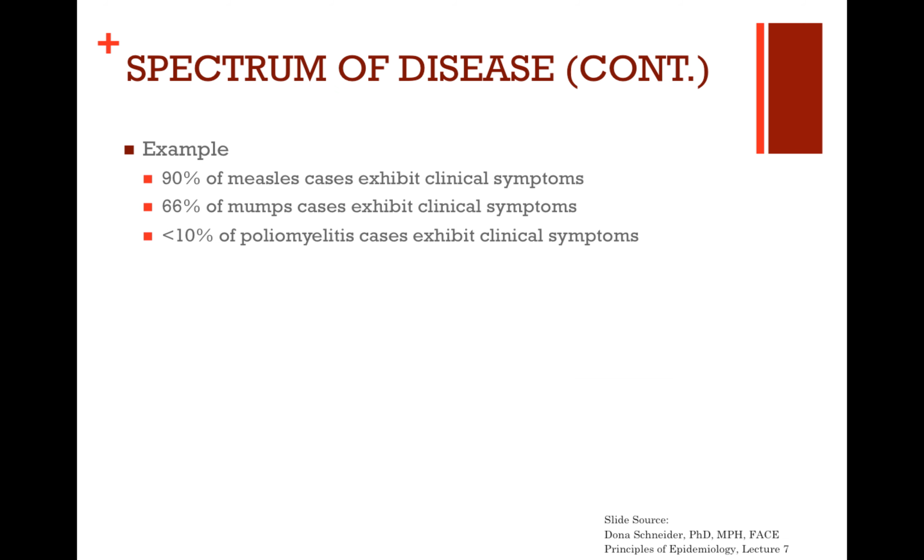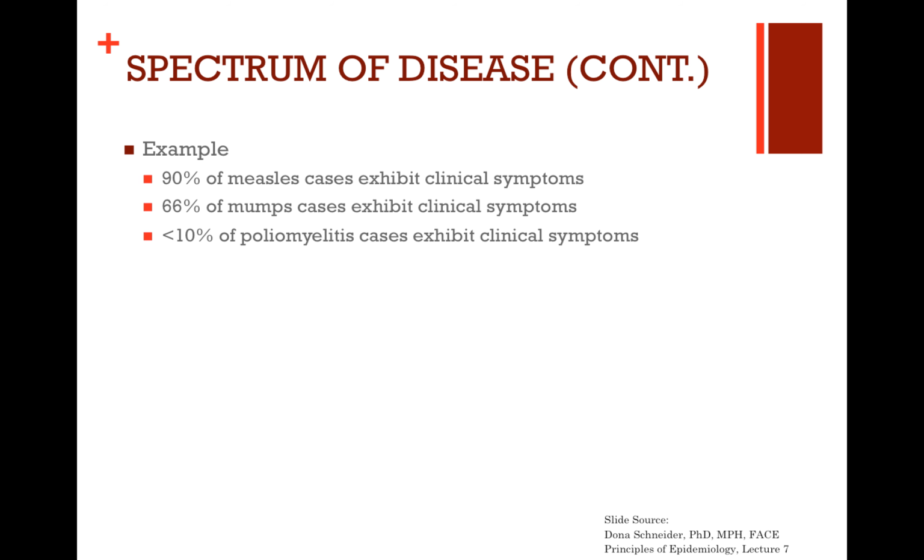And so there's this spectrum of disease, right? 90% of people who are exposed to measles will exhibit clinical symptoms. Let me clarify: 90% of people exposed to measles who are not vaccinated will show clinical symptoms, versus only 66% of mumps cases and less than 10% of polio cases. However, you don't want to be infected with any of them because they can all cause significant problems.